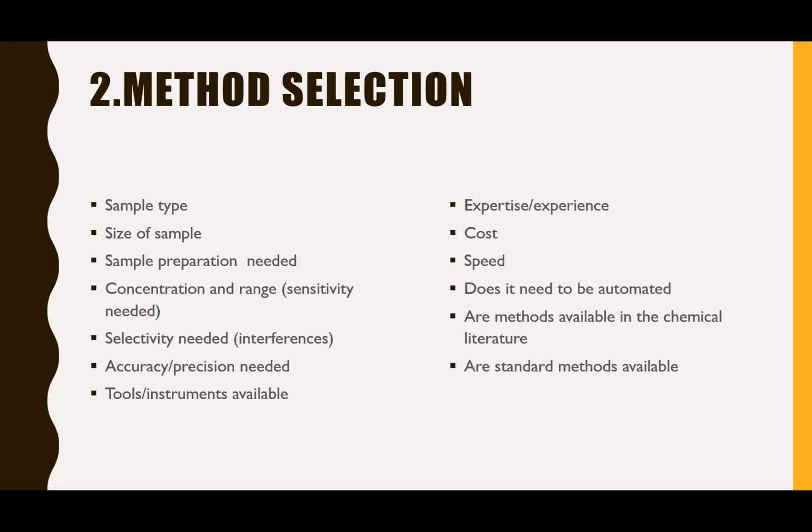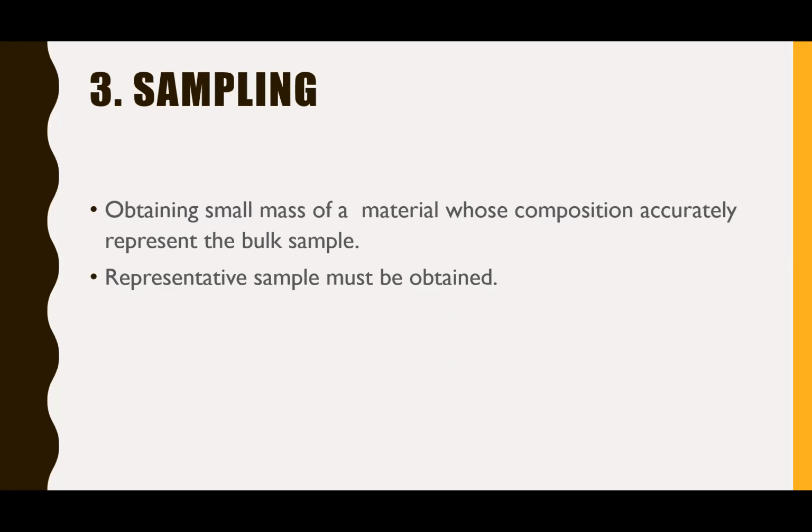So you choose it based on what is available on your side. For example, you don't have that instrument, so the only choice is for you to do the traditional standard method. Okay, and that would require a different kind of preparation compared to the instrumentation analysis. Okay, so this is how you select your method.